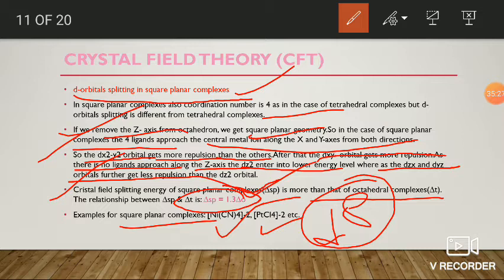Some other groups, such as the copper group in the plus one oxidation state, or the zinc group, form some rare square planar complexes. But the nickel group elements or metal ions generally form square planar geometry complexes.